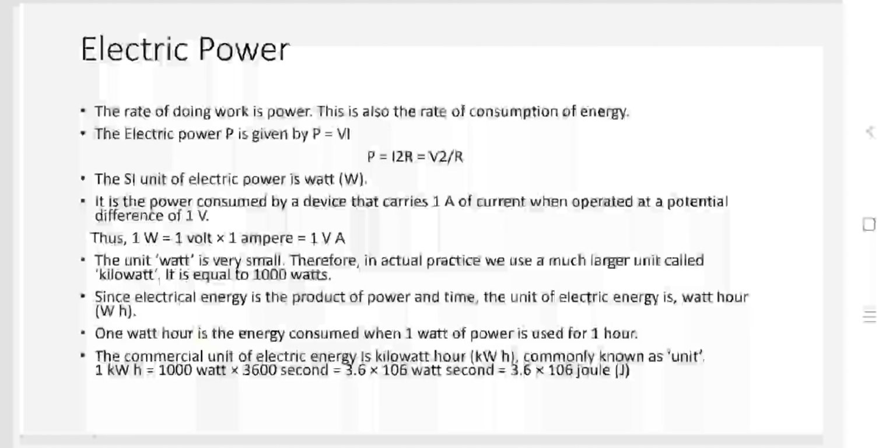Generally we see this at our home on the electric meter in terms of units, and 1 unit equals 1 kilowatt hour. 1 kilowatt hour is 1000 watt into 3600 second, so 3.6 into 10 raised to 6 watt second. So we can say 3.6 into 10 raised to 6 joule. This is how we can rewrite in number of units.